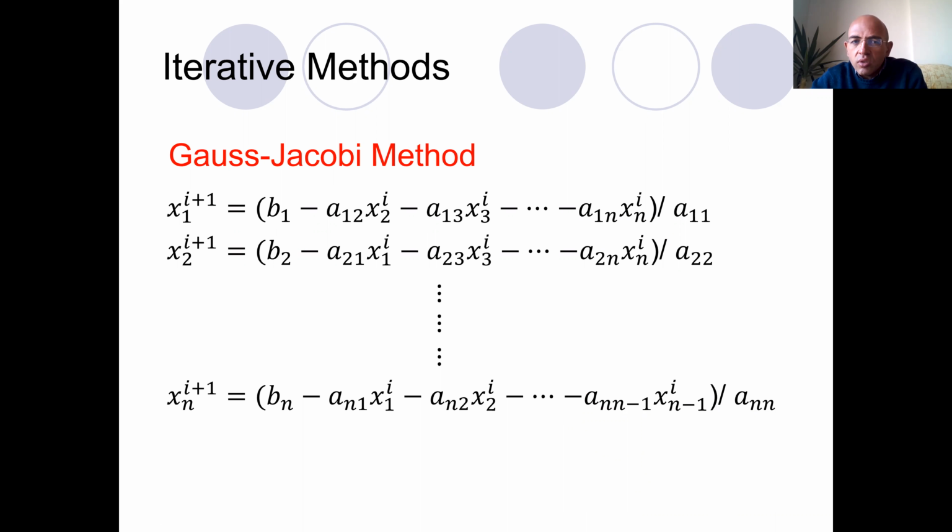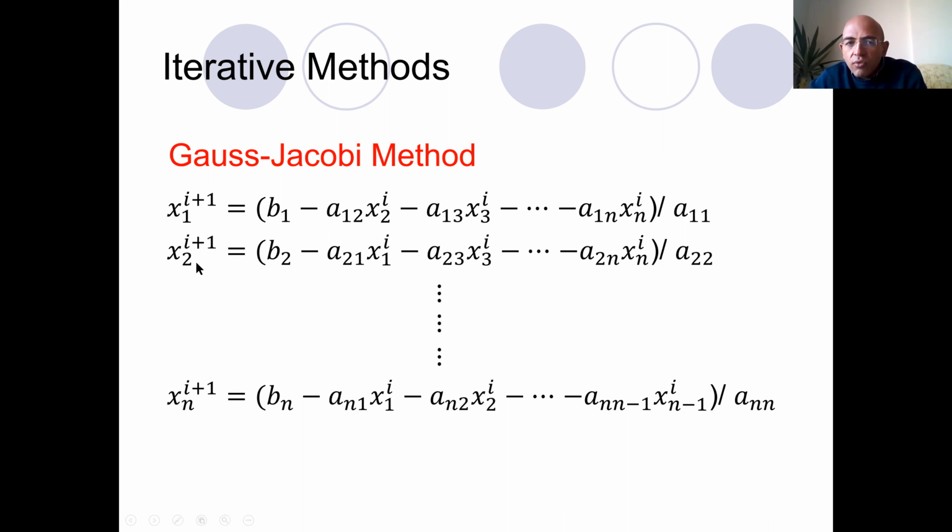So we substitute all the approximations into our equation. For example, for the first equation, you substitute the approximated values for x2, x3, and xn, and you calculate a new value for x1 by using this expression.